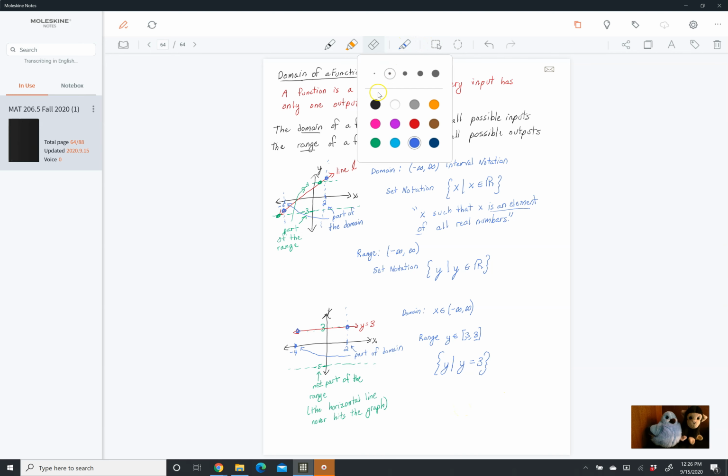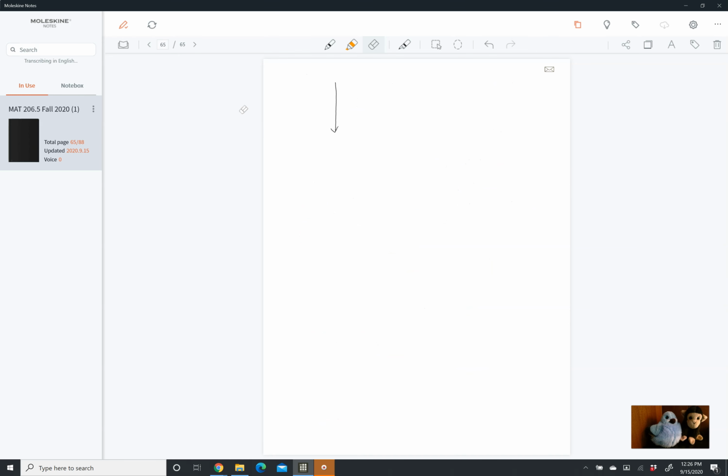Okay, let's take a different type of graph. Let's say that we took something quadratic. And hopefully you've all seen what a quadratic looks like. It looks like a parabola. And let's take a quadratic that has a vertex at the origin.